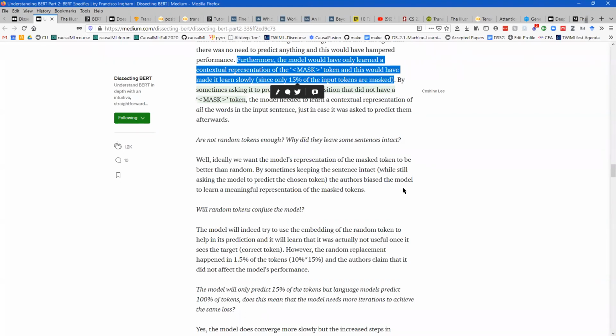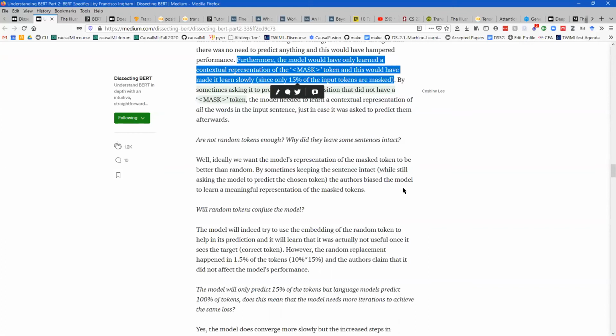But if you were to ask it to predict for a random word where there's actually a word, then the model is forced to get the contextual embeddings for all the words as opposed to just for mask tokens. That part is clear.